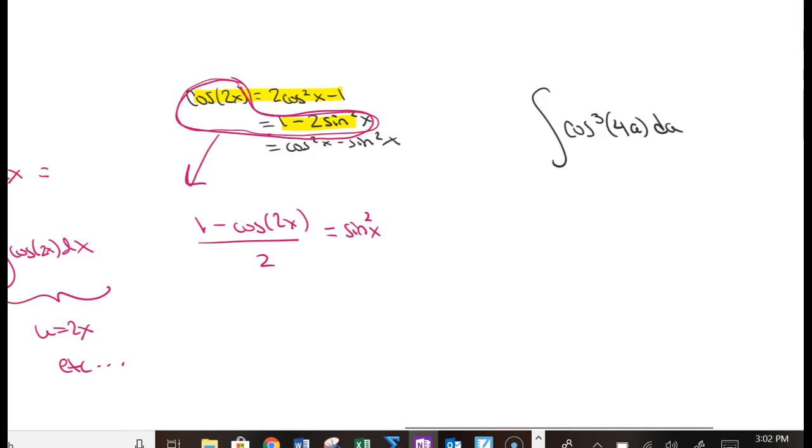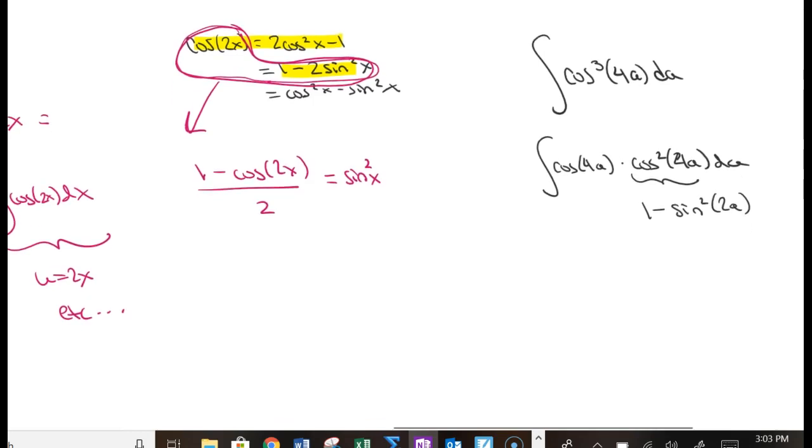I'm going to work the solution out right now. I'm going to peel a cosine off. This becomes the indefinite integral of cosine of 4a times cosine squared of 4a dA, and I can write cosine squared as 1 minus sine squared of 4a.